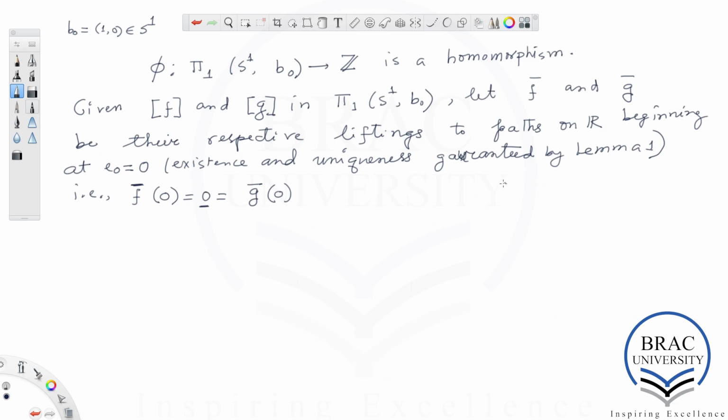Okay, so let me draw a diagram for this situation. We have the covering map P from the set of real numbers to the unit circle, right?